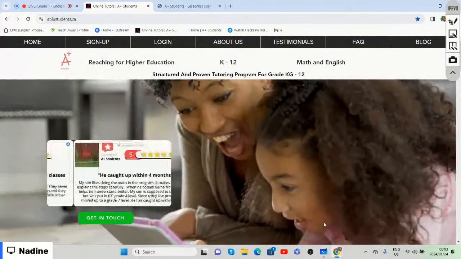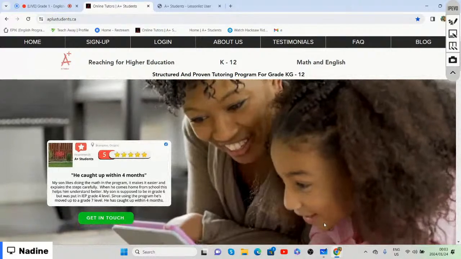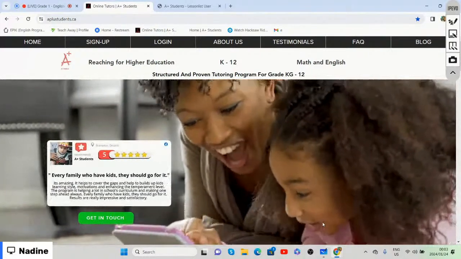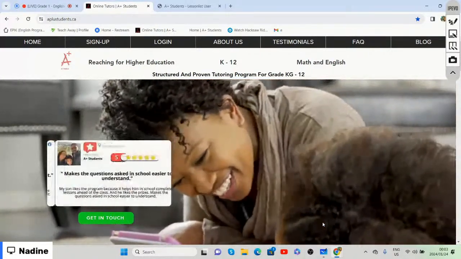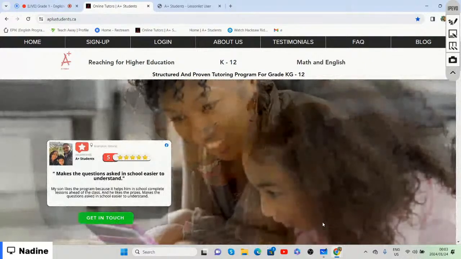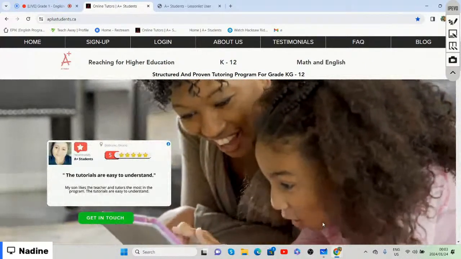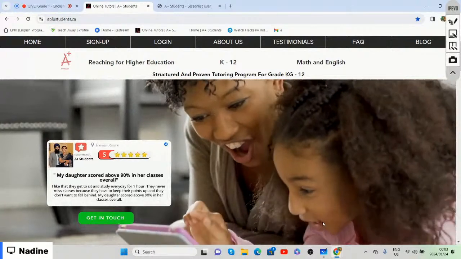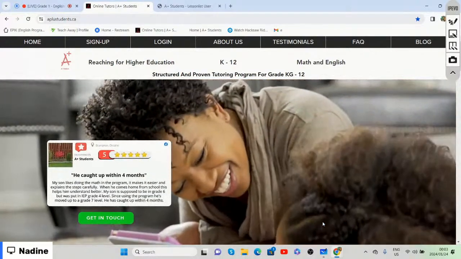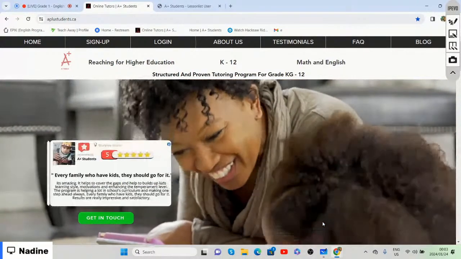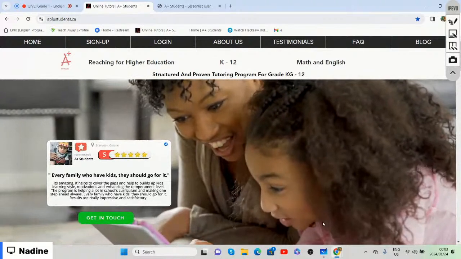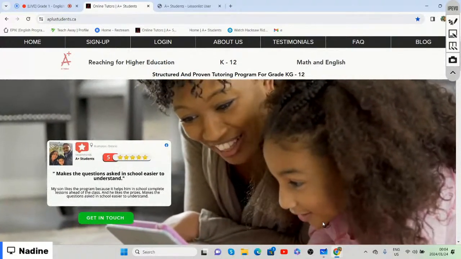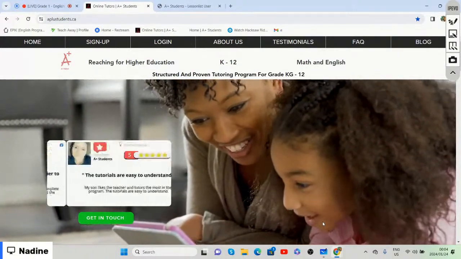Today we'll be doing our grade 1 English lesson on action verbs. And before we start with our lesson on action verbs, you're going to log into aplusstudents.ca with your username as well as your password.